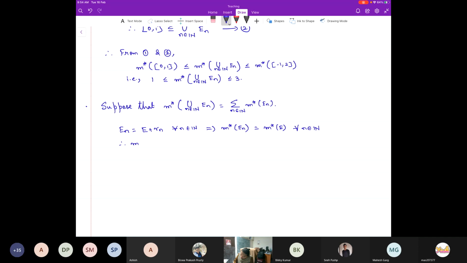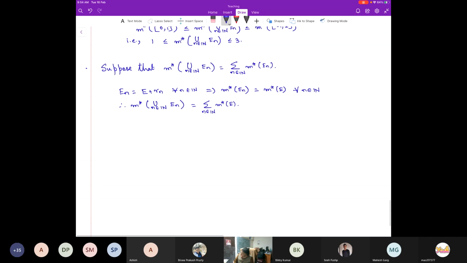Therefore, M star of the union is equal to summation over n in N of M star of E. So this implies that 1 is less than or equal to summation over n in N of M star of E, which is less than or equal to 3.